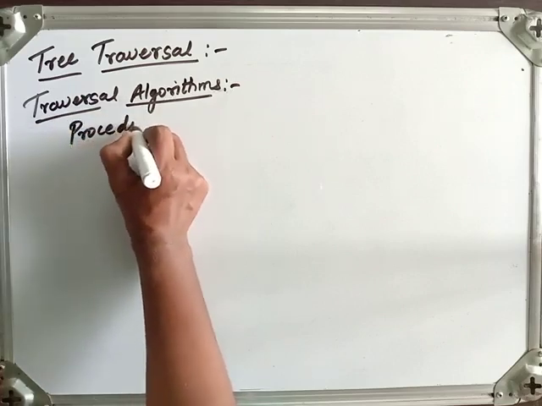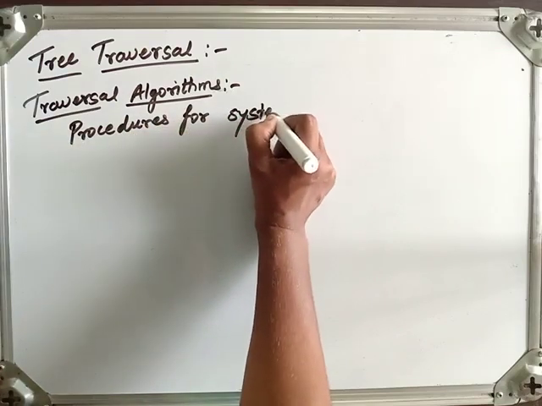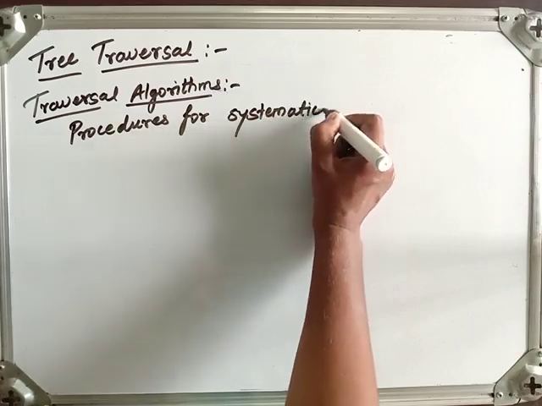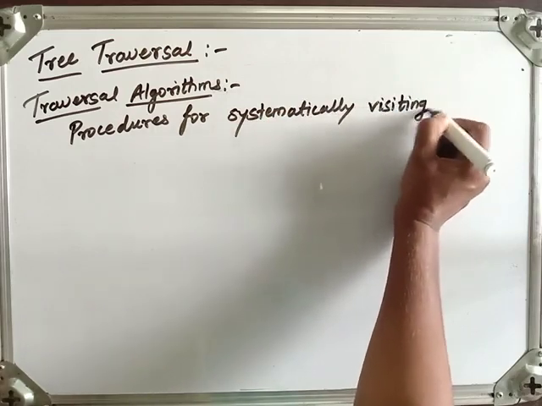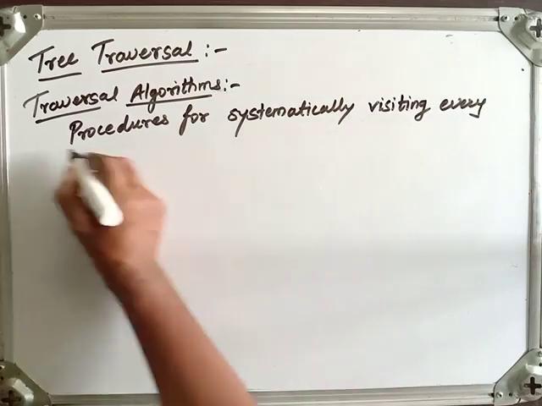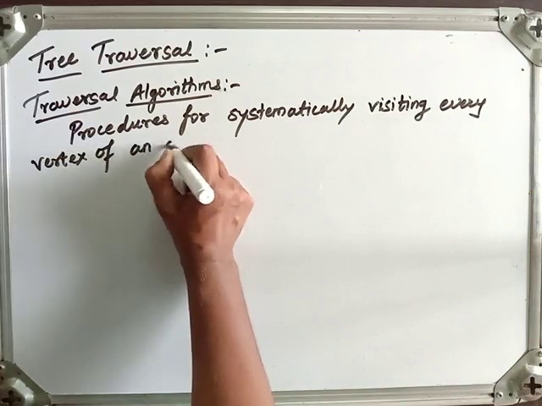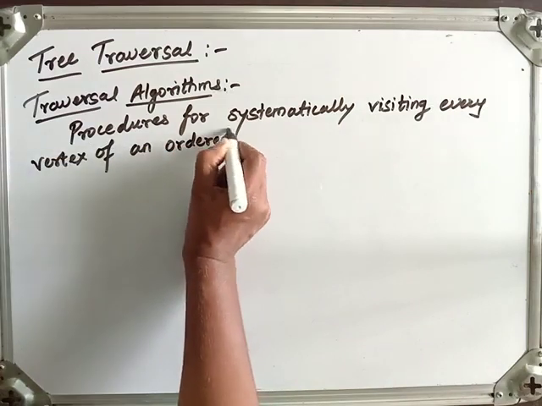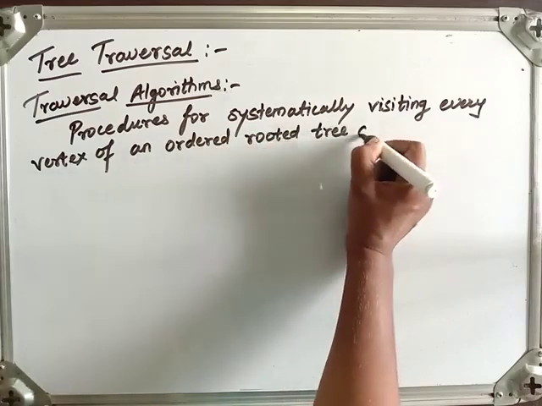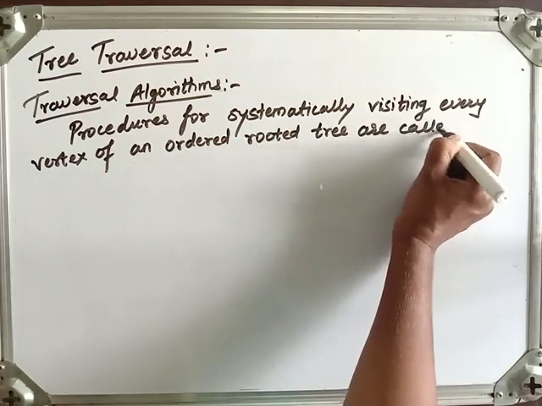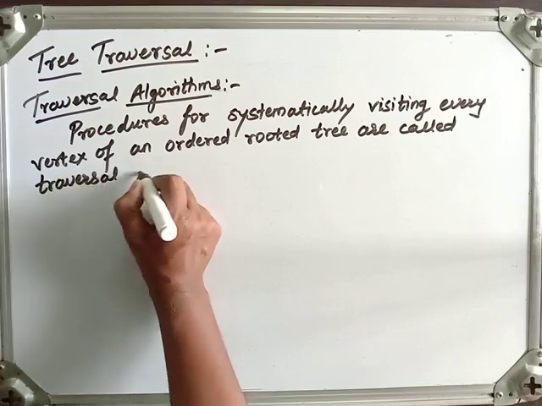Procedures for systematically visiting every vertex of an ordered rooted tree are called traversal algorithms.